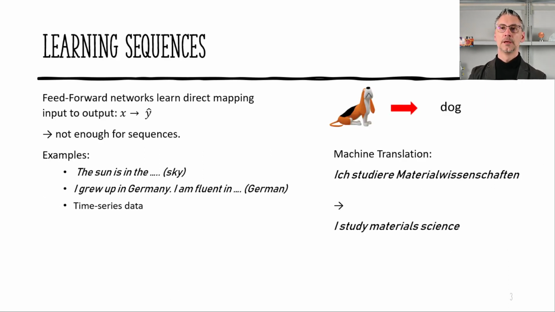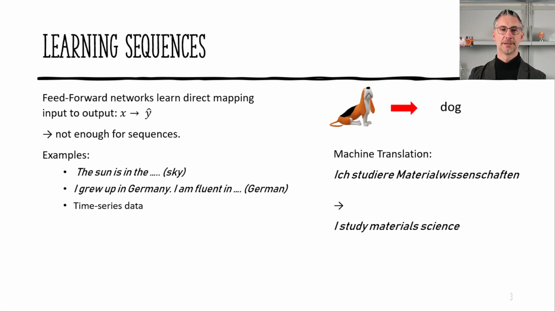However, this is good for learning direct mappings of an input to an output, but not enough for sequences. For example, the sun is in the sky, we naturally tend to fill in the blanks. Or, I grew up in Germany, I'm fluent in, the most likely word is German.